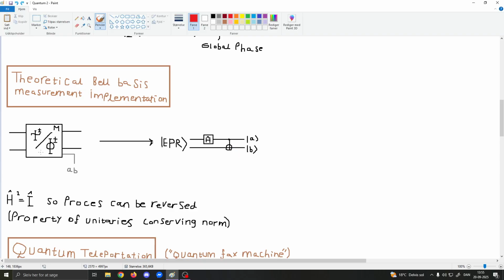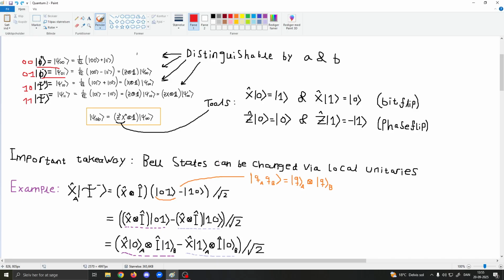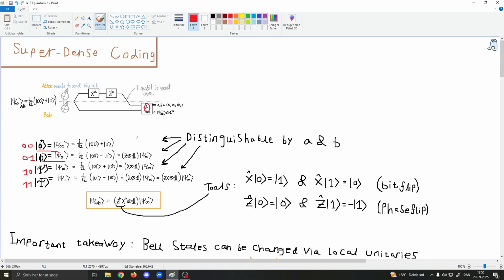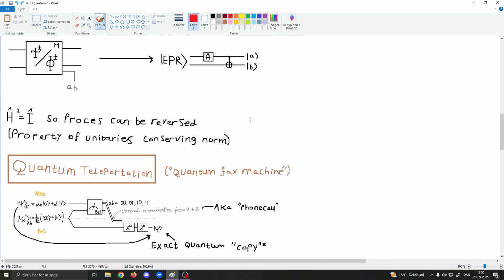For every Bell state, it will produce a unique pair of computational bits, which is why it is distinguishable, which is why it allows us to perform this measurement up here, which tells apart which unitaries Alice performed.